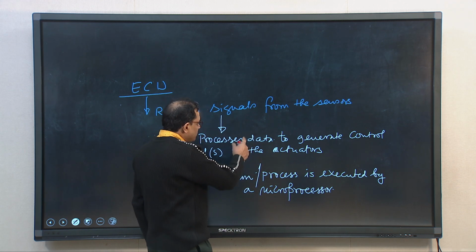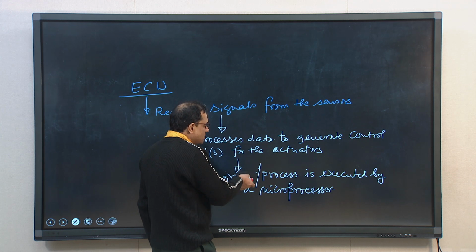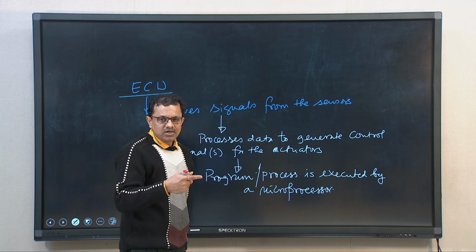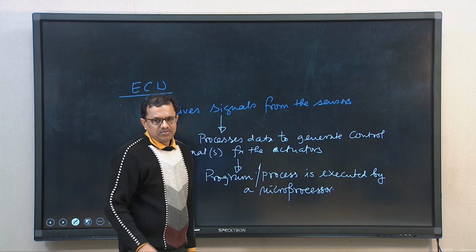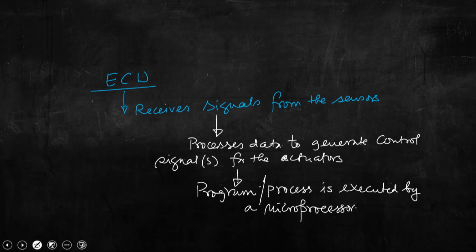And to generate control signal, again that means the ECU would be able to process a program, and that program is executed by the microprocessor, and that software program is stored or built in the memory of the ECU, okay.